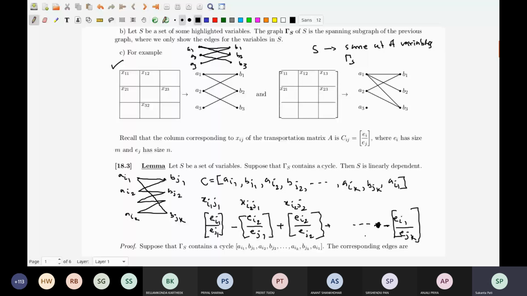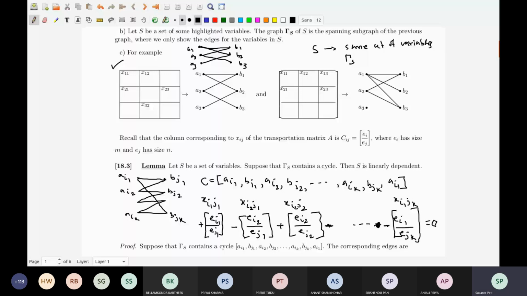So at the odd positions it is a plus, at the even positions it is a minus. The first one is plus, then minus, plus, and the last one is at an even position, so it is a minus. So if you do that, what you will get is 0. So if S contains some variables which constitute a cycle in gamma S, then their corresponding columns will be linearly dependent.